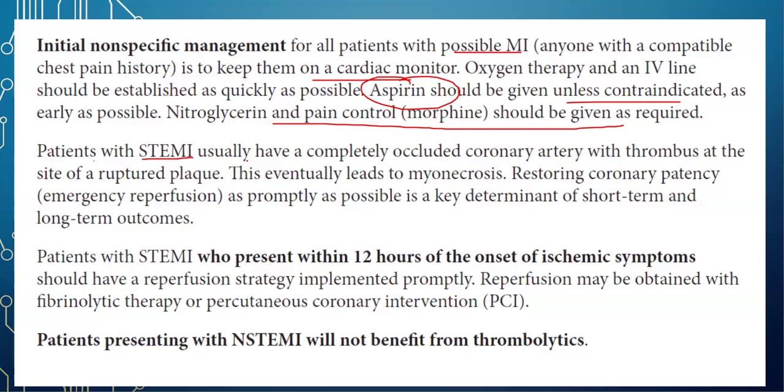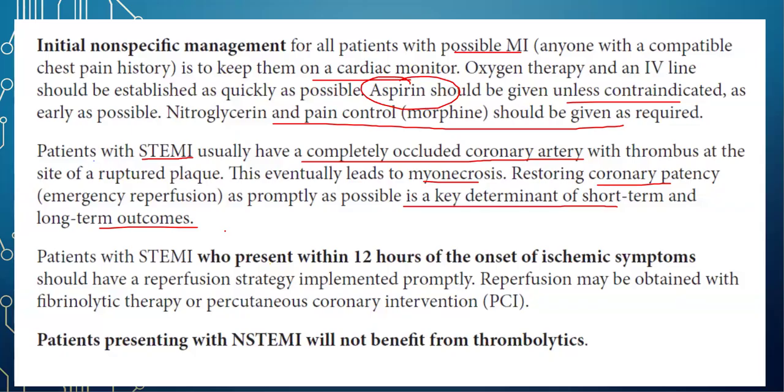Patients with ST elevated MI usually have a completely occluded coronary artery. That's the problem: because it is completely occluded, the part of the cardiac muscle doesn't get any kind of oxygen. So it goes for myonecrosis, and that's why restoring the coronary patency as promptly as possible is a key determinant of outcome of this patient.